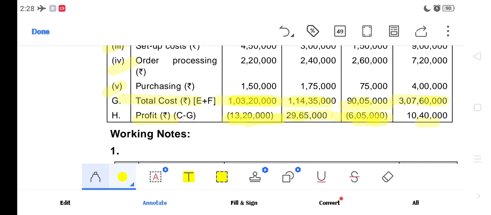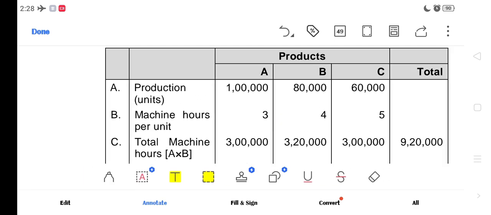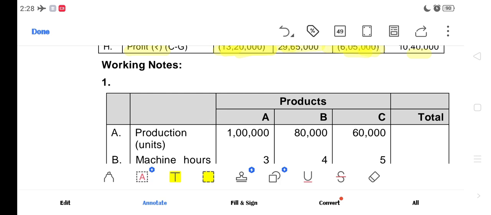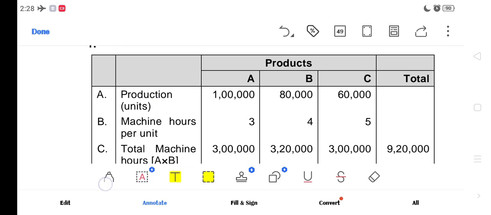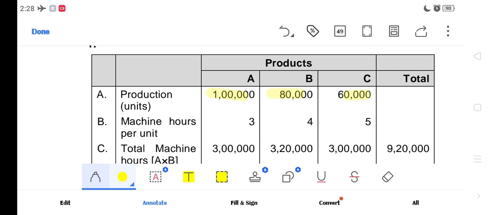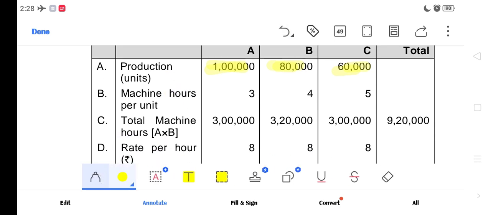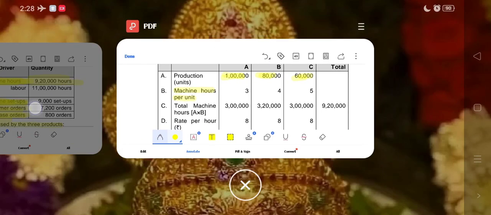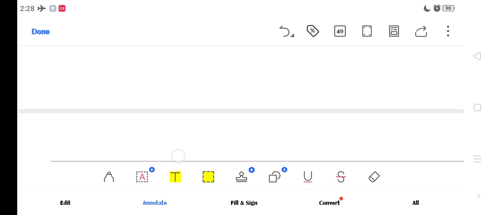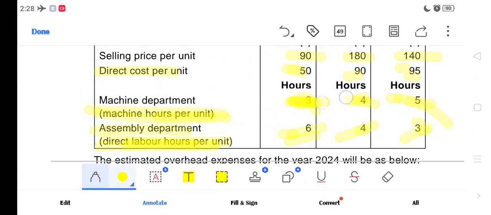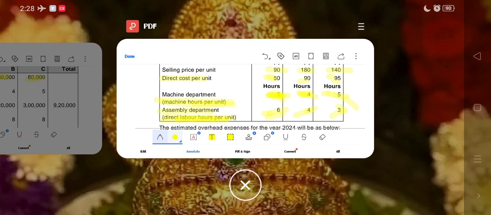Let's see the working notes. First of all, before going to working note 3, I would like to explain working note 1 to make it clear. The production units they have given are 1,00,000, 80,000 and 60,000. Now machine hours per unit: I already told you, 3, 4, 5 for machine hours, and 6, 4, 3 for direct labor hours.